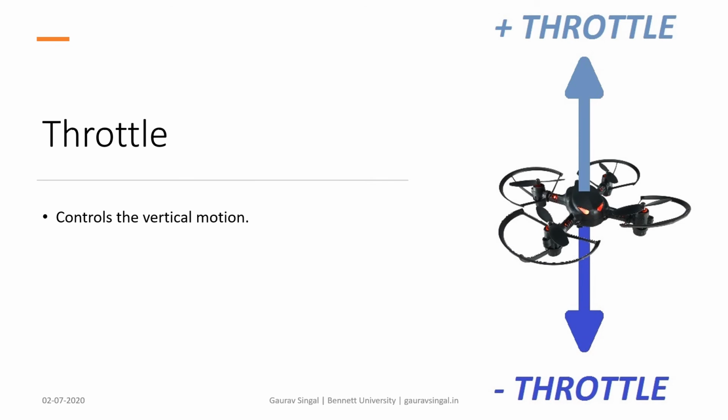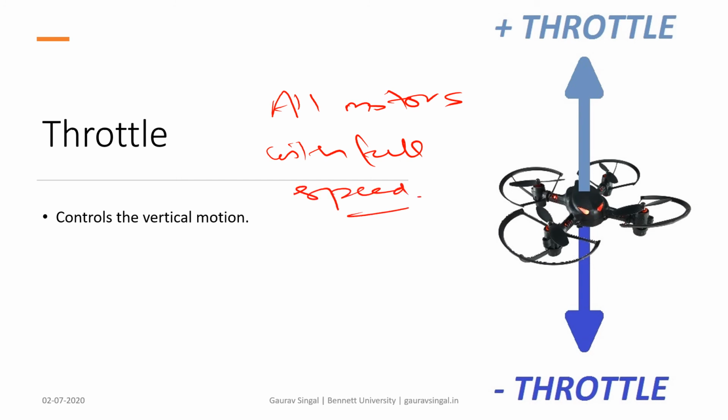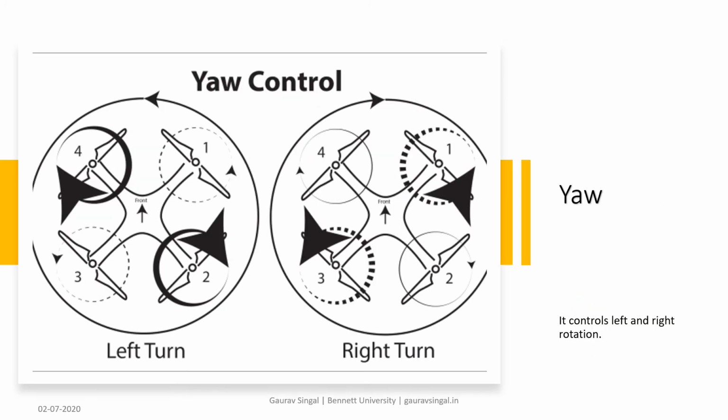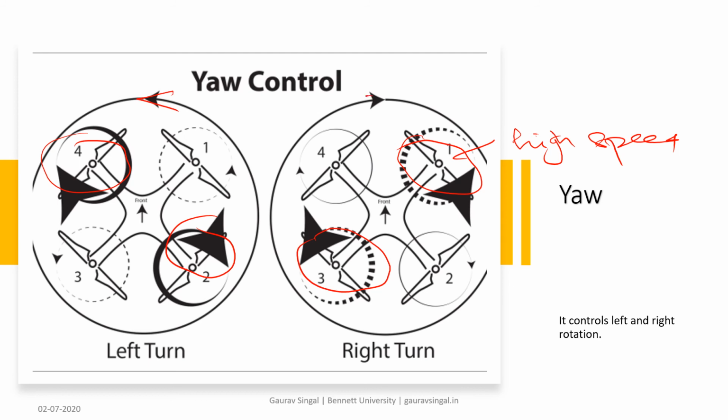So if all four motors are moving with full speed, then it can go up and down, basically throttle. In yaw, you can see any two motors moving with high speed, then it will turn in one direction. If the other two are moving, it will turn in the other direction.